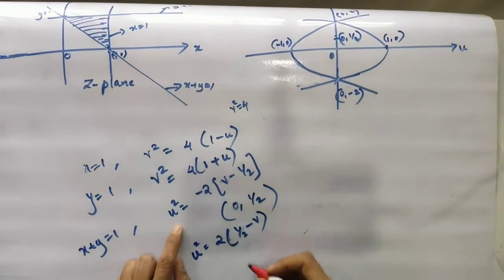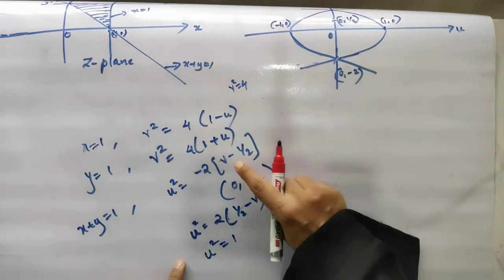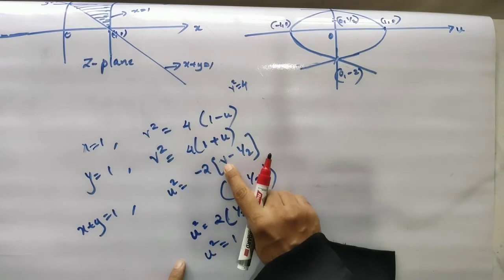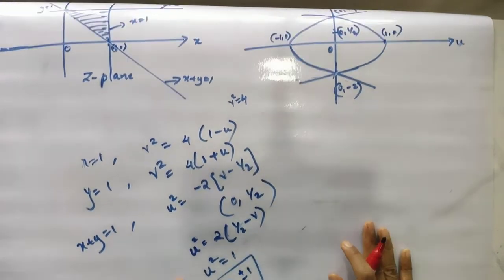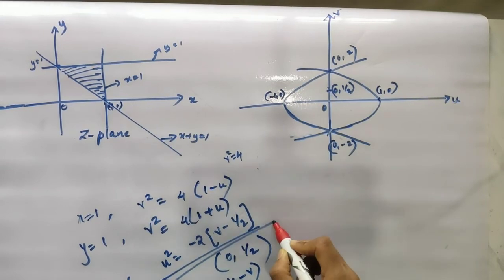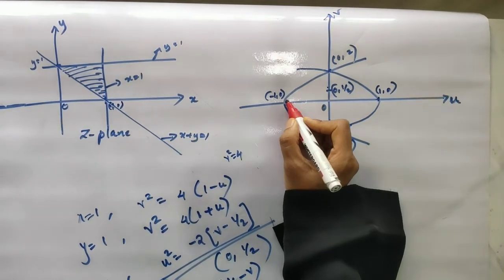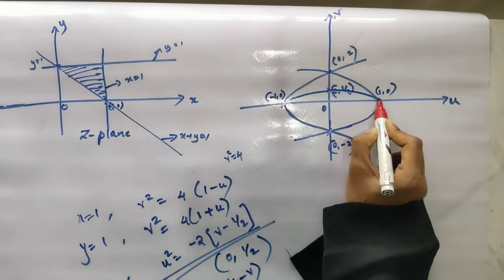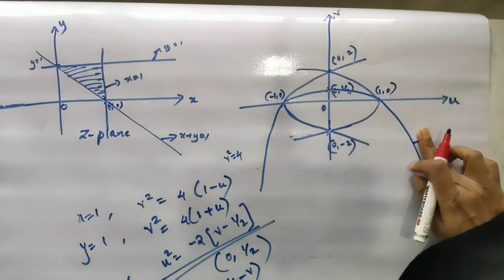If I put v is equal to 0, u square will be 1. If u square is equal to 1, u will be plus or minus 1. So this parabola is cutting the real axis at the points plus 1 and minus 1. So I can easily draw the parabola passing through these points. This is the required parabola, the last parabola.